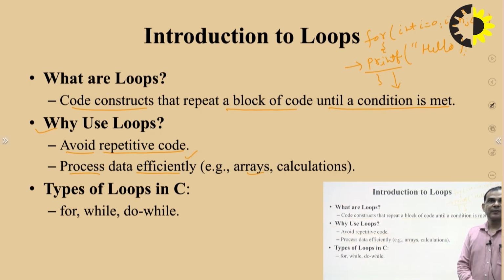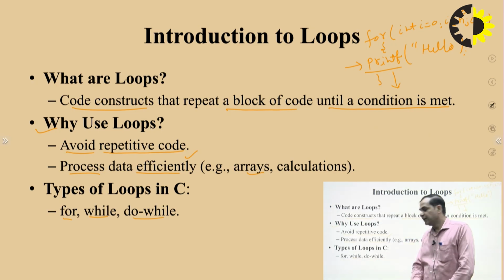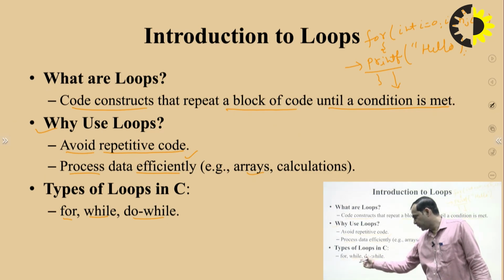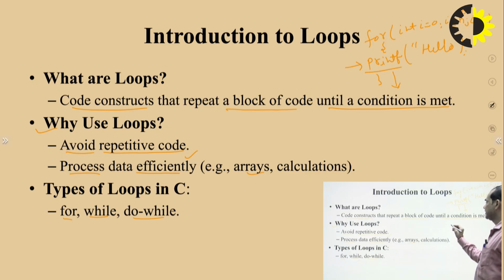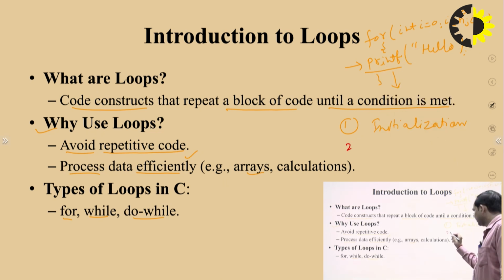And types of the loop: there are three types of loop. One is the for loop, second is the while loop, and third is the do while loop. When we apply any type of loop, there are three must-have conditions. First, we have to initialize, that is, from where we have to start. Second, we apply the condition.